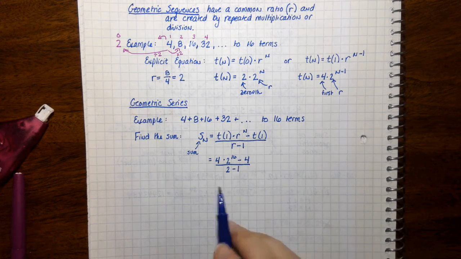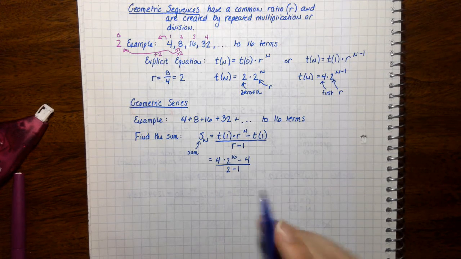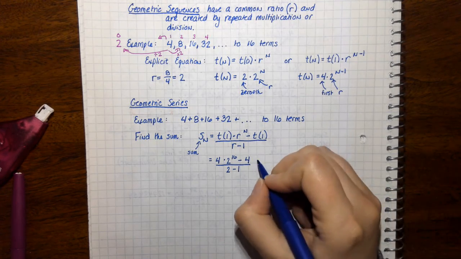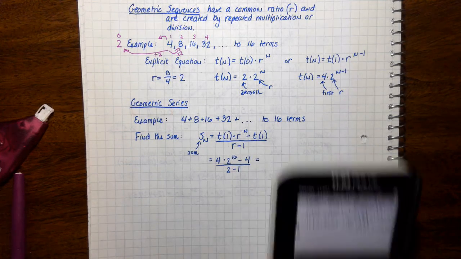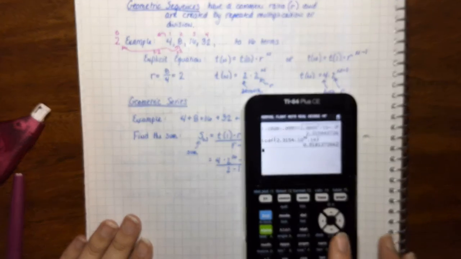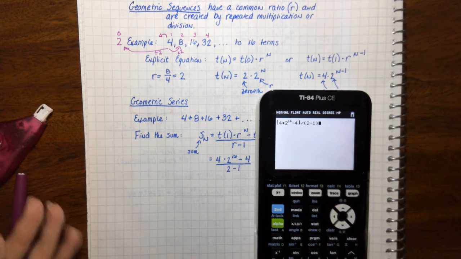Now when you do this in the calculator, remember parentheses around the top, parentheses around the bottom. And this comes out to, let me go to the calculator here, 4 times 2 to the 16 minus 4 divided by 2 minus 1.